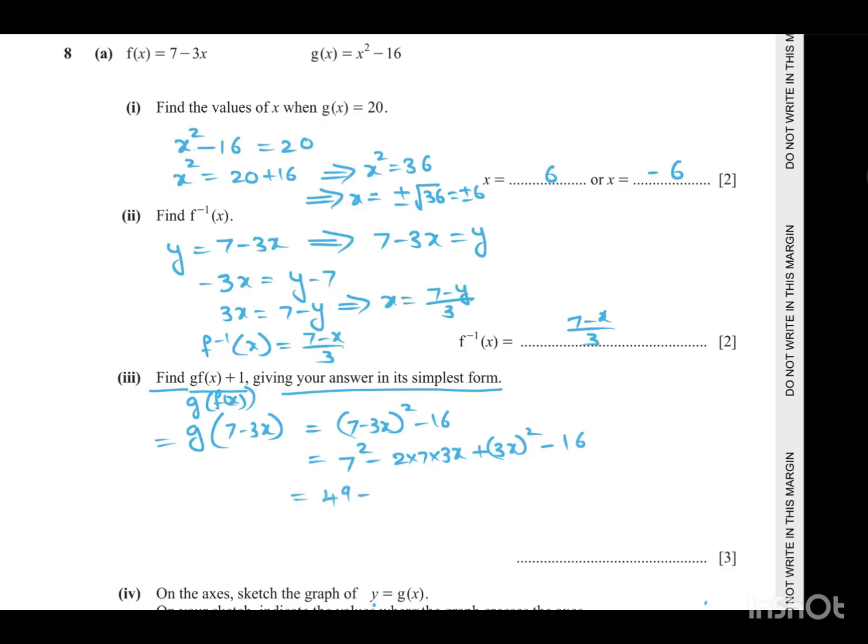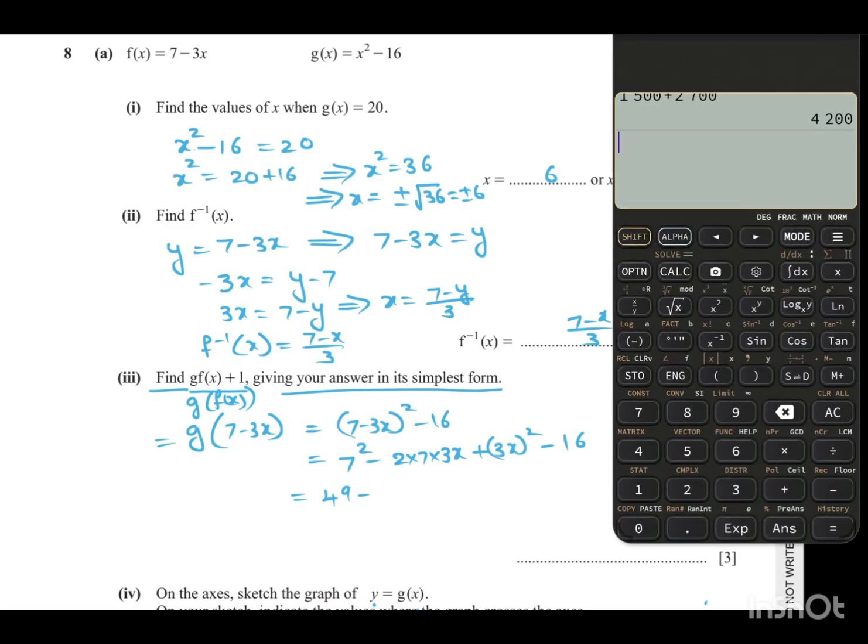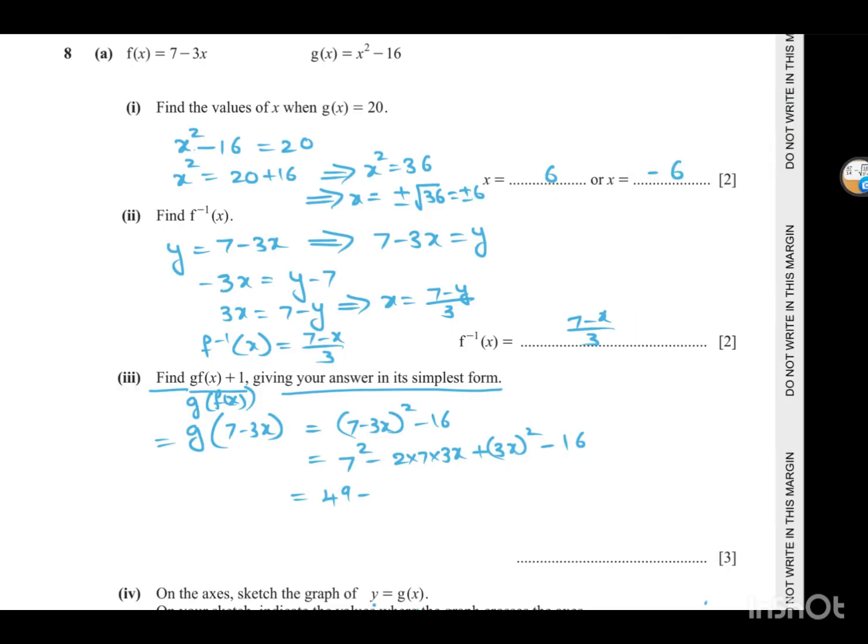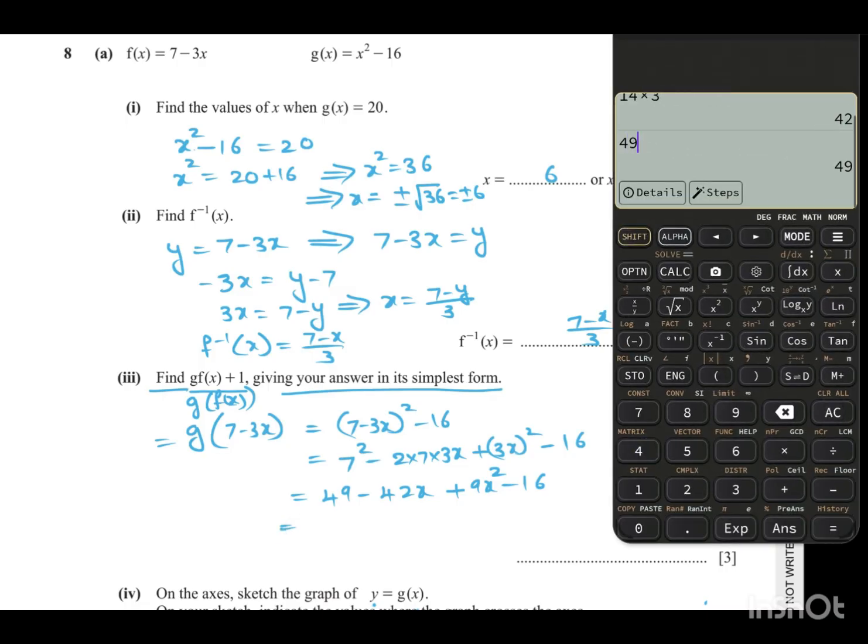49 minus, 2 7s are 14, 14 into 3, 42x, plus 9x square minus 16. 49 minus 16 is 33.